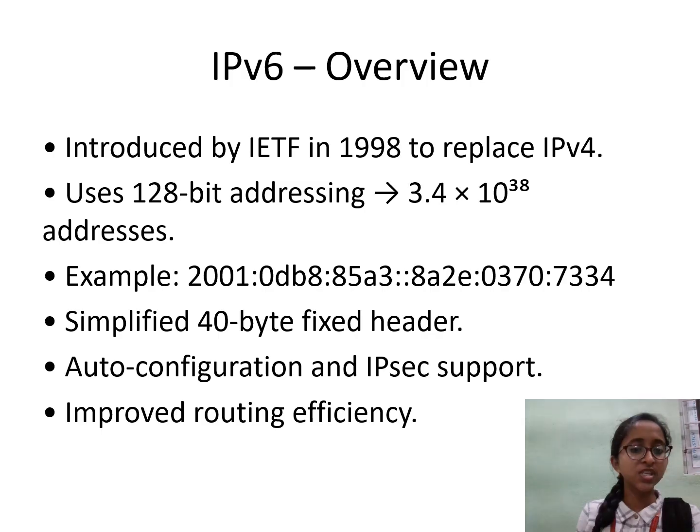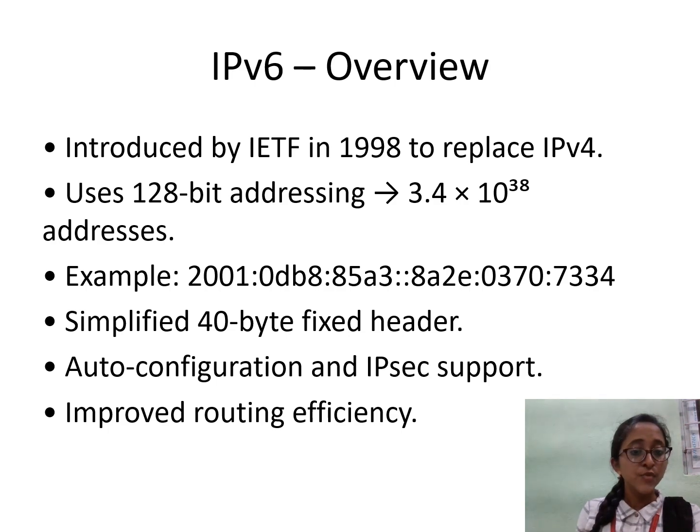Example: 2001:0DB8:85A3:8A2E:0370:7334. It can auto-configure and provides efficient routing.